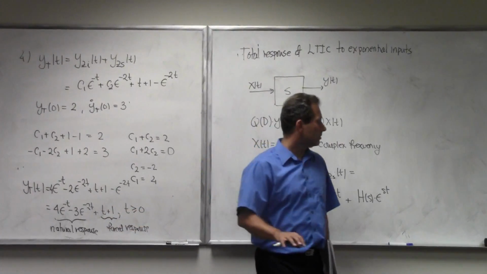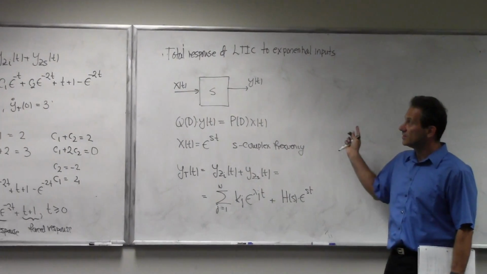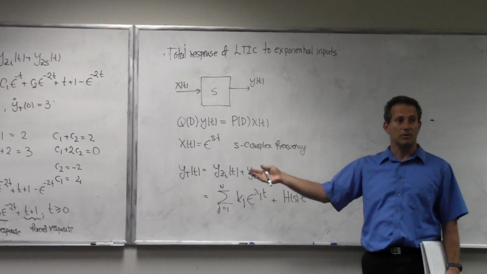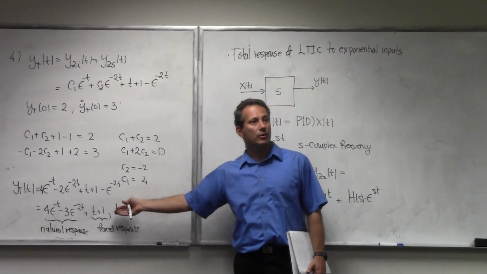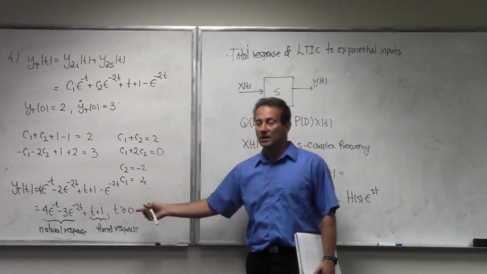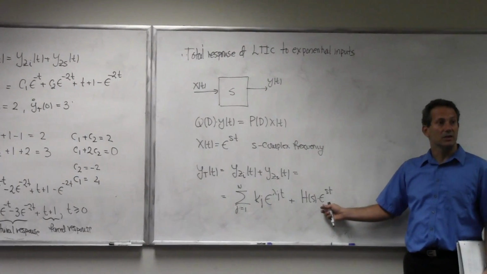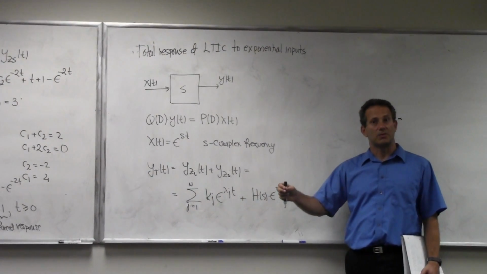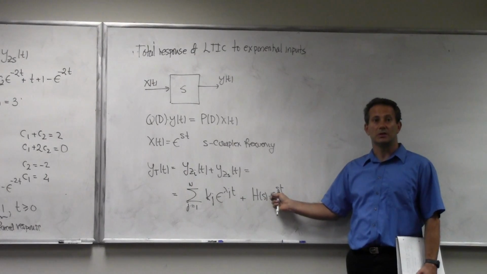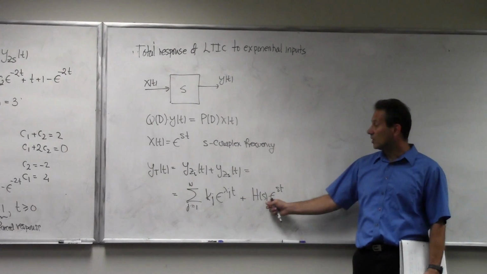The steady state response to exponential is special because you've seen in the previous example, we had a second order polynomial, and we got a steady state that's not the same kind of polynomial, right? It's slightly different. Here, if you have exponential e to the st, what we proved the last time is that your steady state response is going to be the same exponential scaled by a constant, right? Potentially complex constant.